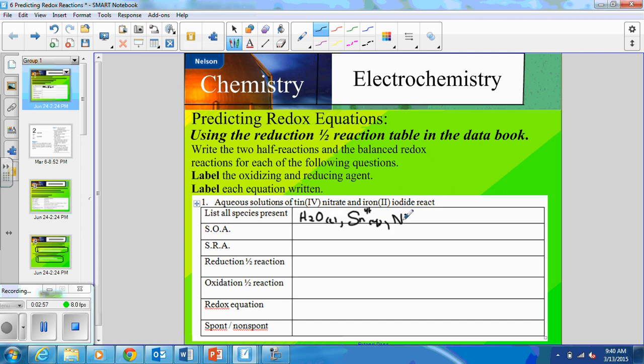And we're also going to have nitrate ions, which are aqueous. And then iron 2 iodide is also a soluble ionic compound. So we're going to dissociate that into Fe2 plus and I minus, both aqueous.